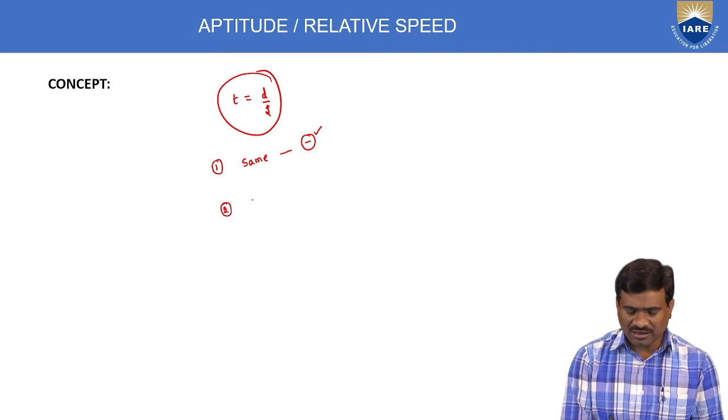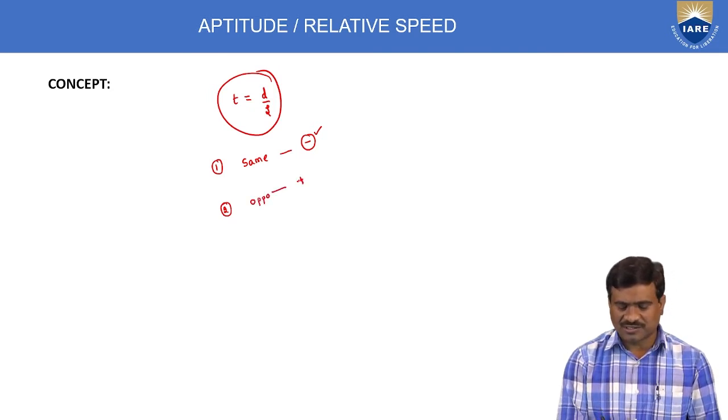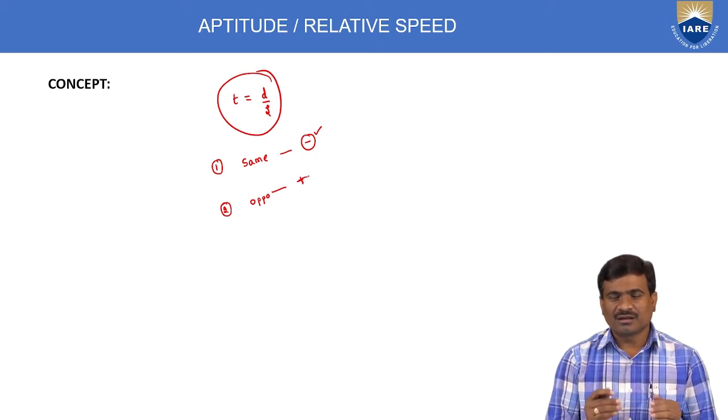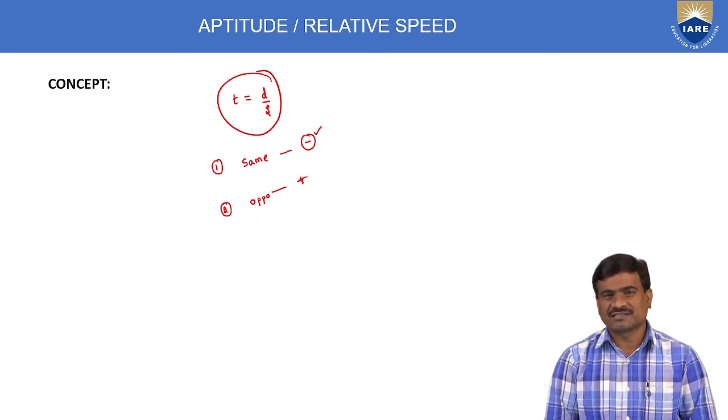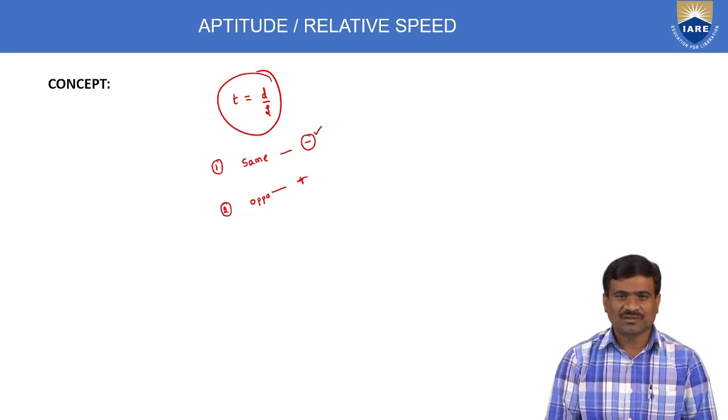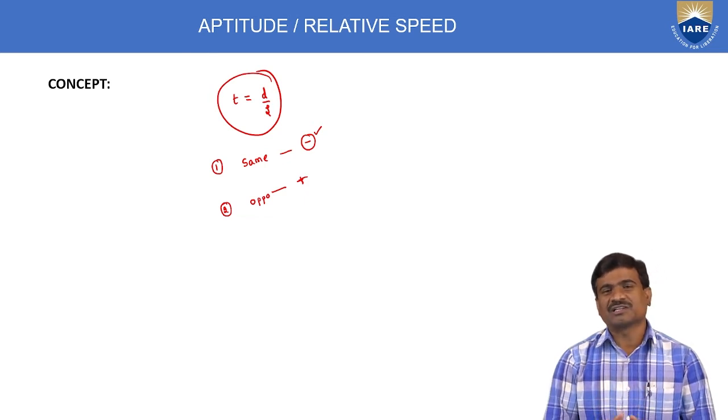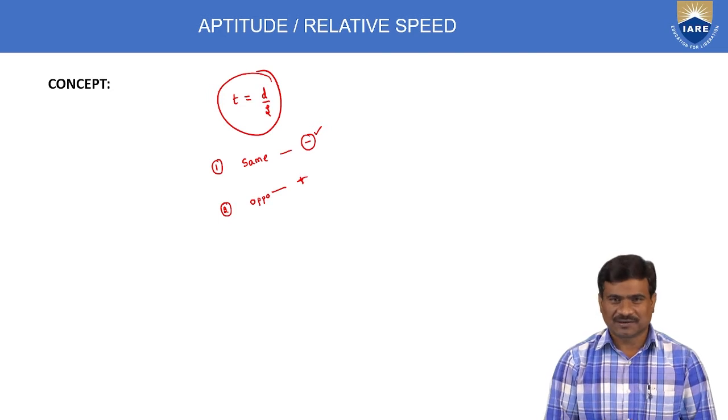Sum indicates addition: opposite direction, addition. If two speeds are given, first check the direction. Same direction, minus; opposite direction, addition.